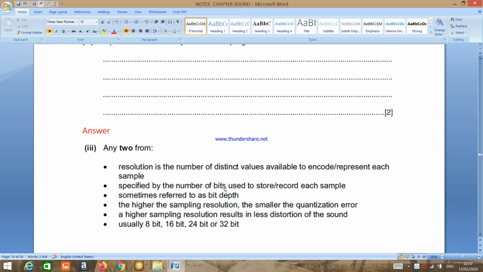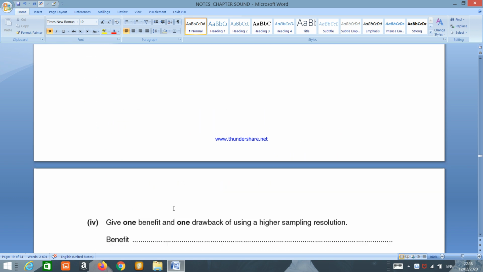It is the number of bits used to store each sample. This is sometimes referred to as bit depth. The higher the sample resolution, the smaller the quantization error, which means less distortion. Usually, sample resolution can be 8 bit, 16 bit, 24 bit, and 32 bits.